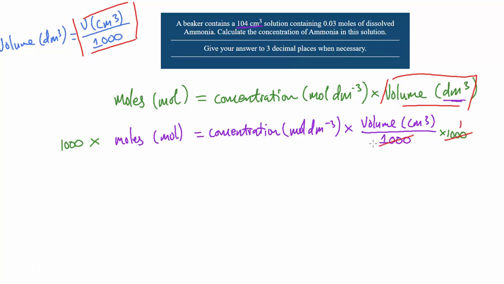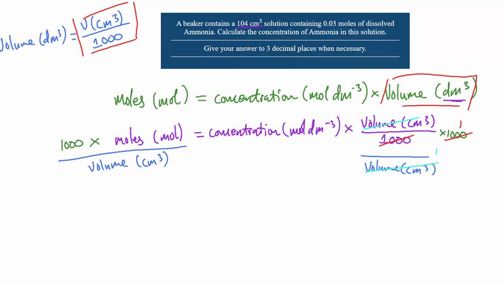What we're also going to do is divide both sides by the volume. If we divide both sides by the volume in cm³, and do the same over here, divided by the volume in cm³, this effectively cancels out to 1.